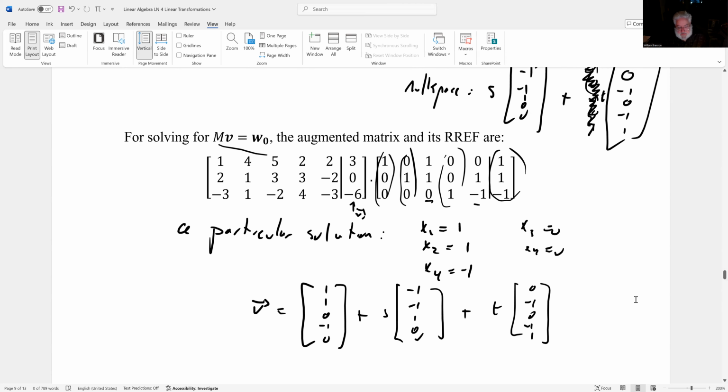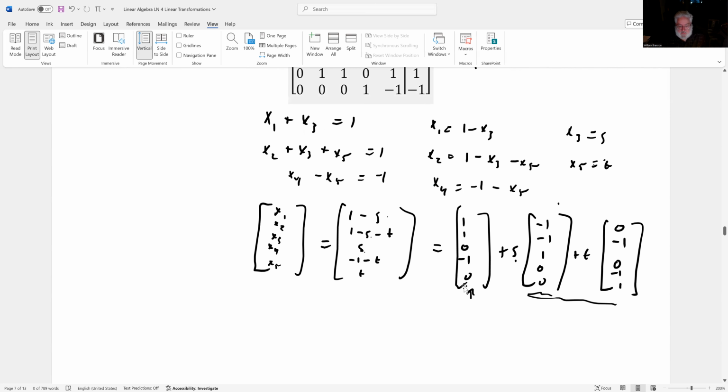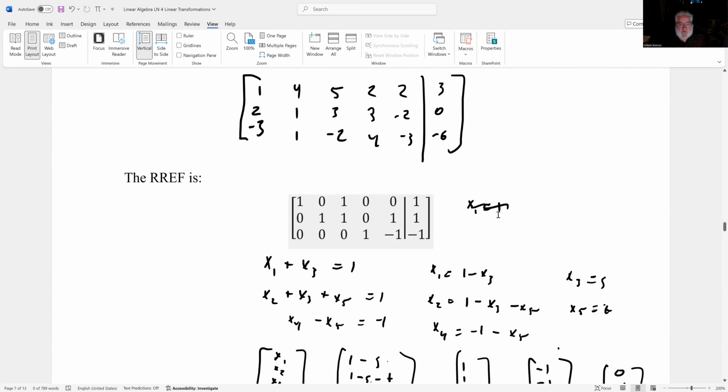And so we can sort of see what's going on here, right? In solving equations, we always come back to something like this. This is the particular solution that we actually picked up way up here in solving these equations. And then this part is the null space that we picked out from dealing with this.